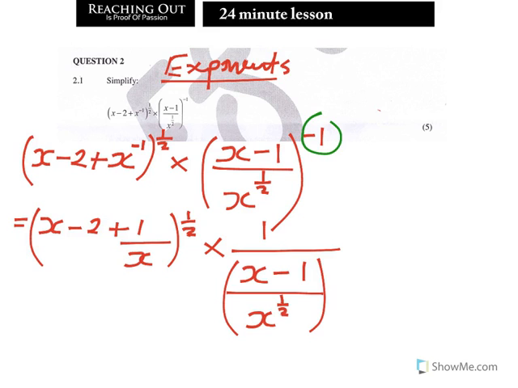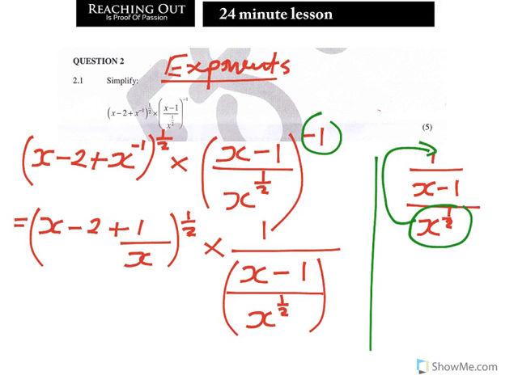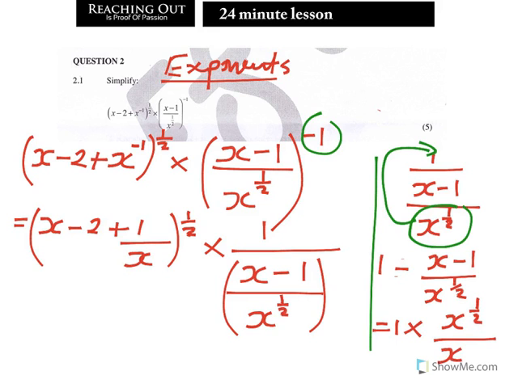Now with mathematics, just to remember, when you simplify this part of 1 over x minus 1 over x to the power half, what you must know is this bottom will go to the top because of the 3 fractions, because it will be 1 divided by x minus 1 over x to the power half, which is equal to 1 times, remember when you put a times you flip, which is x to the power half over x to the power minus 1.